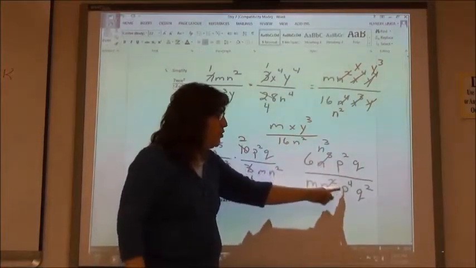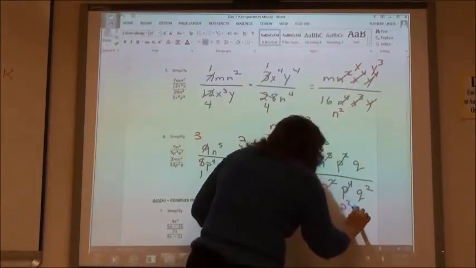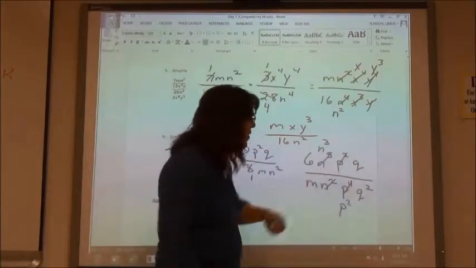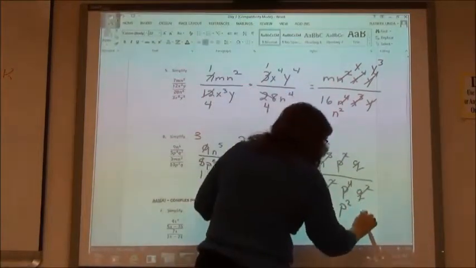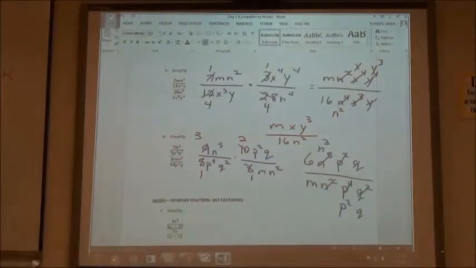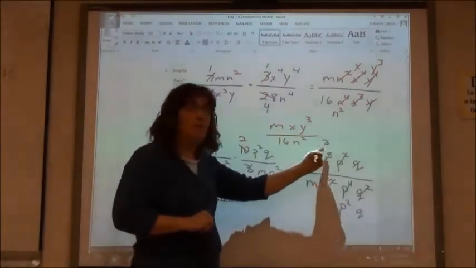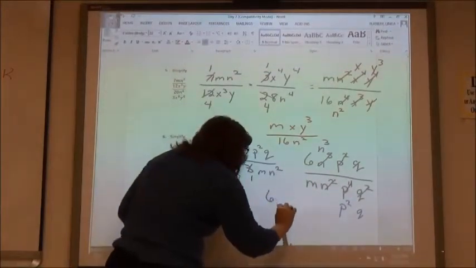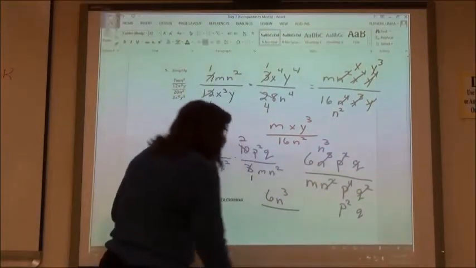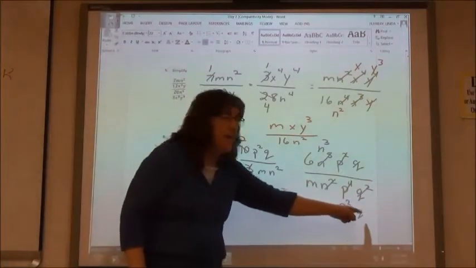I can take out 2 of my p's, which means I have a p to the 2nd down on the bottom. And I can only take out 1 of my q's, which leaves me a q down on the bottom. So on the top, I have the 6 n to the 3rd. On the bottom, the m, the p squared, and the q.